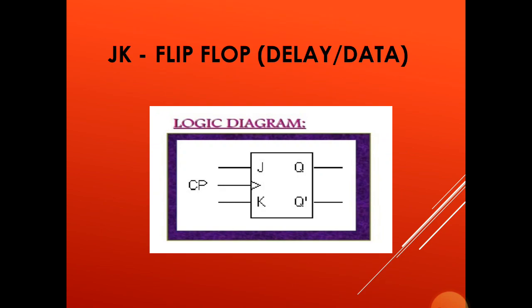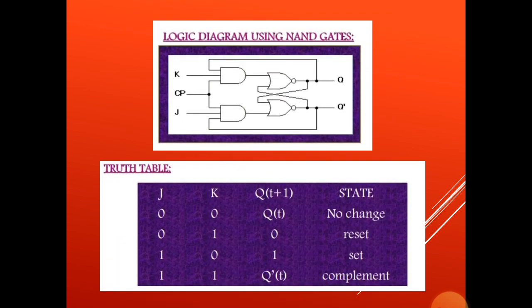The JK flip-flop is the same as the RS flip-flop. Here K is called reset, and J is the same as set. When J is equal to 0 and K is equal to 0, that is no change.